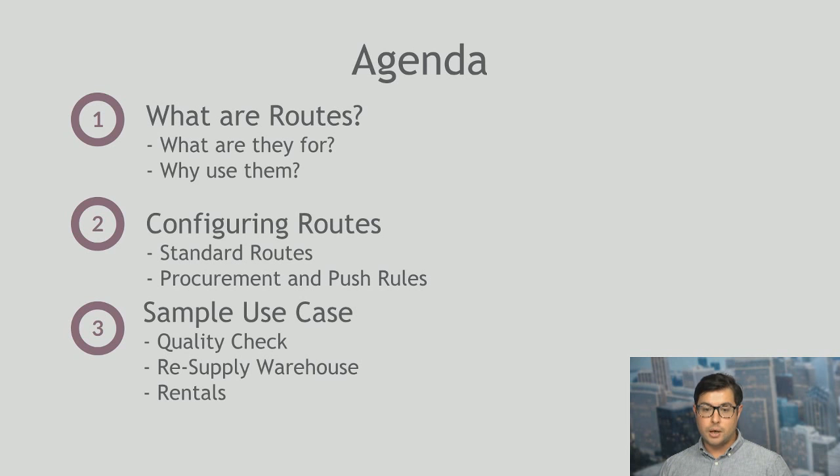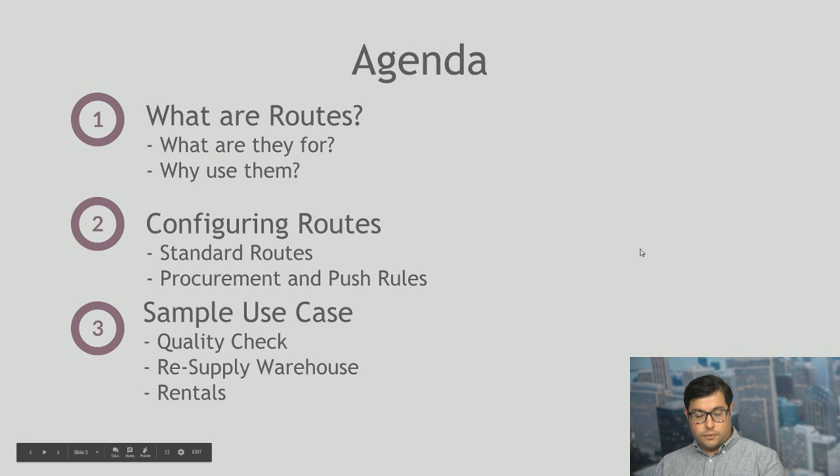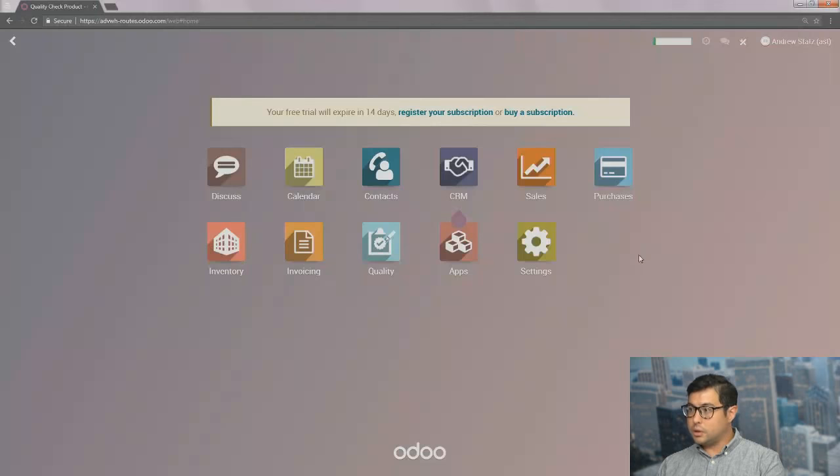Or at the same time, you might want to do a quality check or some type of packaging when you're delivering it to a client. So it's very specific to each business need. What we're going to do today is talk about some of the basic ones that we have within Odoo. And so without further ado, let's get into the database.